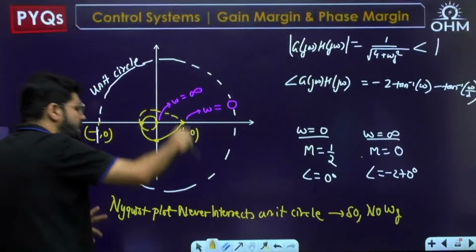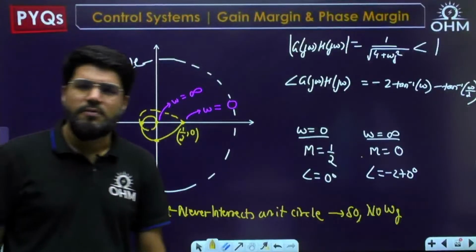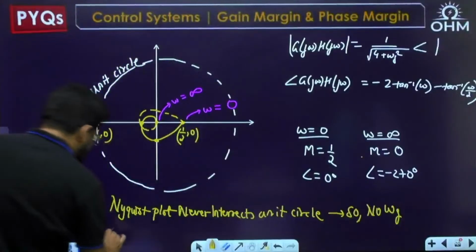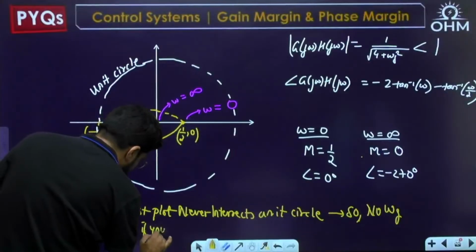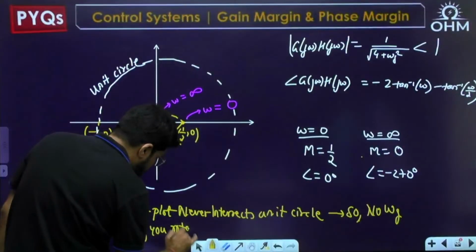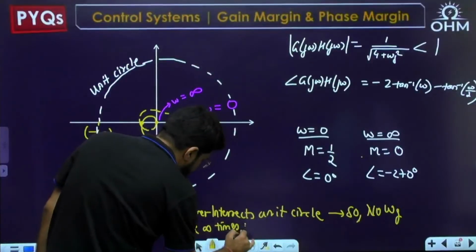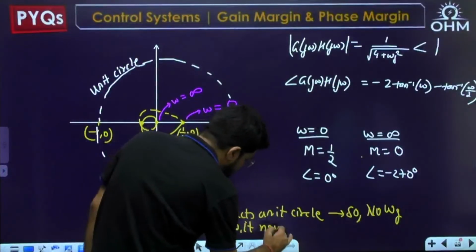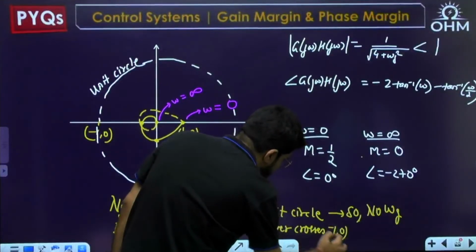Even if you keep rotating infinite number of times, it never crosses -1, 0.